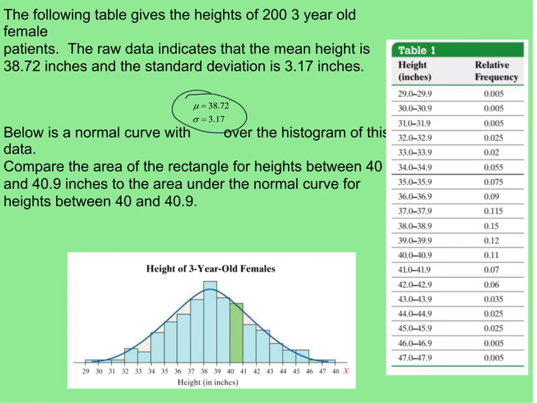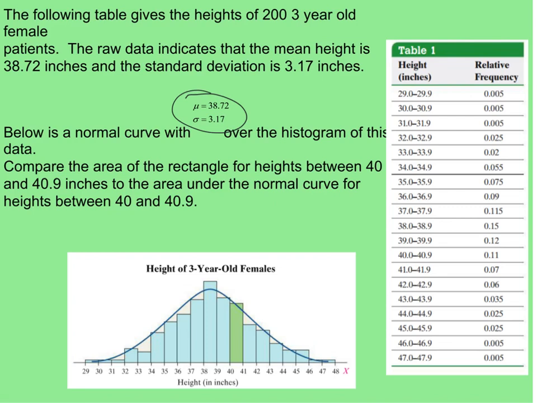Subtract the standard deviation from 38.72: 38, 37, 36, 35, about 35 and a half maybe. That puts me right about there for 1 standard deviation below the mean. 68% of those 3-year-old females are represented between those 2 standard deviations. So we can see that the histogram fits nicely underneath that bell curve. Not perfectly, but pretty accurately. It's well represented by that curve.